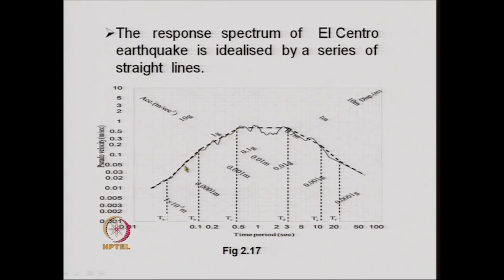If we look at these two lines, they are parallel, that is what we observe, parallel to the line which is called the SD line. So, that is parallel to SD.